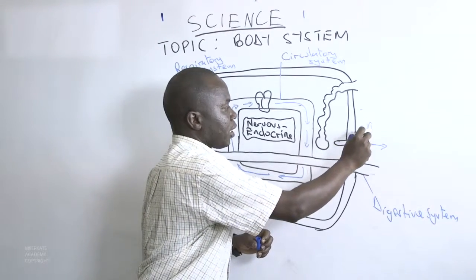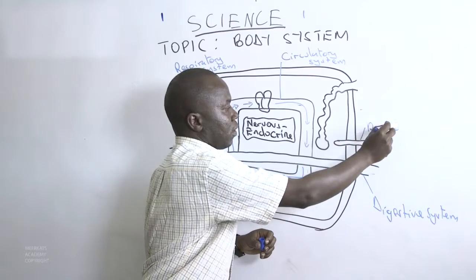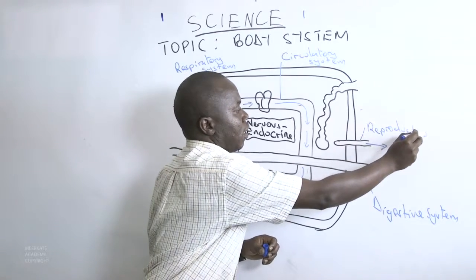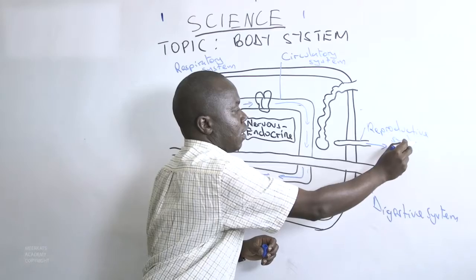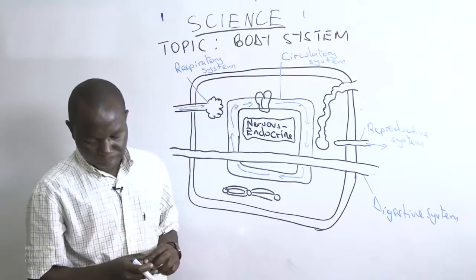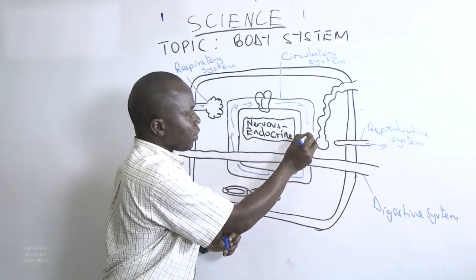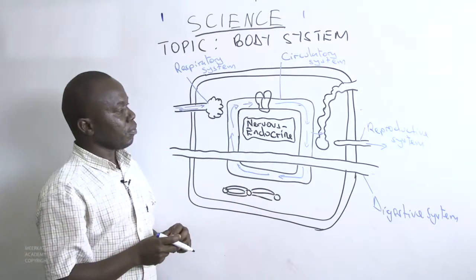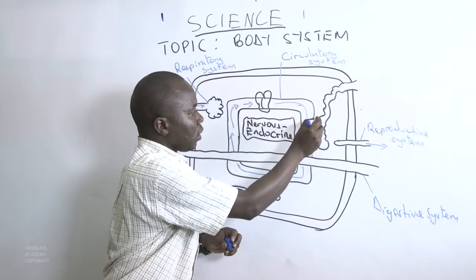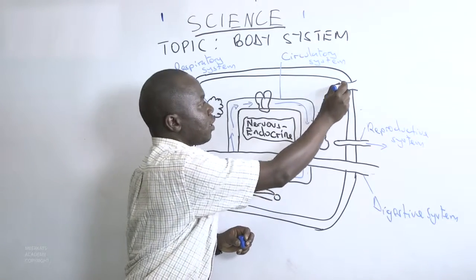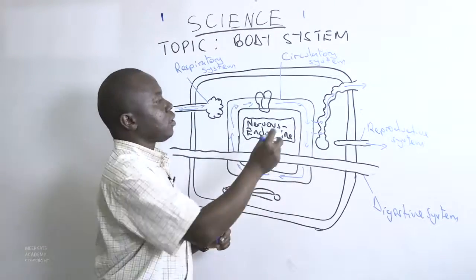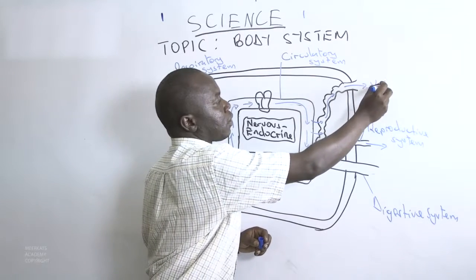That is the reproductive system. And materials are getting from the circulatory system into that system, and then they flow out as the urinary system.